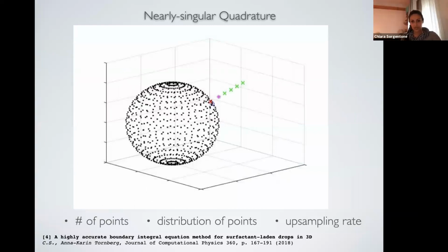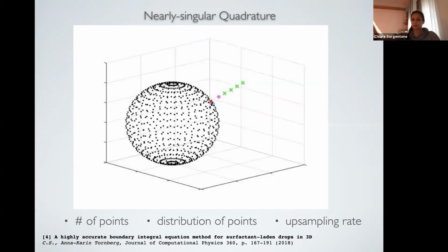So this is a sketch of how it works. Let's say that here the pink star is my target point where I want to compute the integral. But I cannot compute it because by regular quadrature, the error is big. If I do upsampling, the error is still big. So what I do is that I first project this point on my surface, on the closest surface, and this is the red dot.